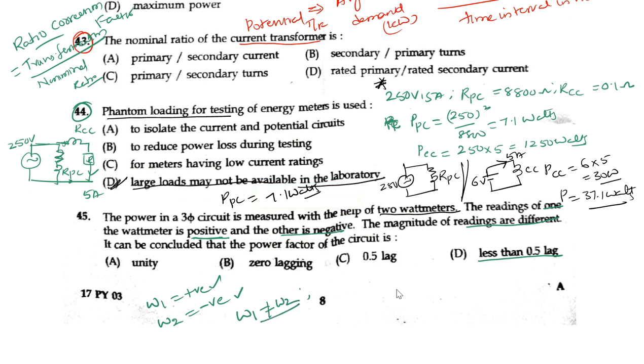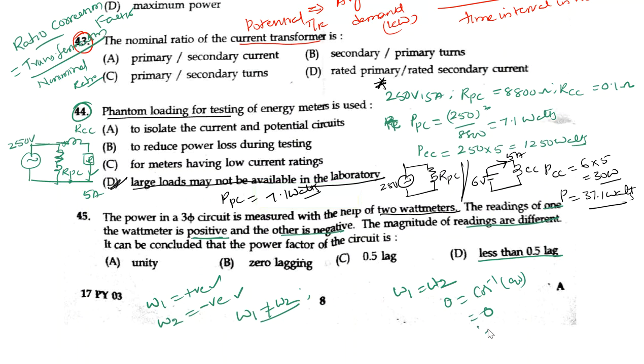Suppose when W1 is equal to W2, then the power factor angle theta is equal to cos inverse of 90. So cos inverse 90 means how much do you get? It is 0.